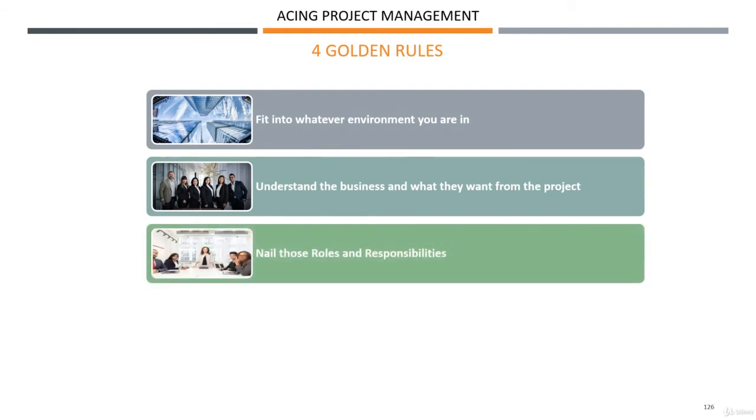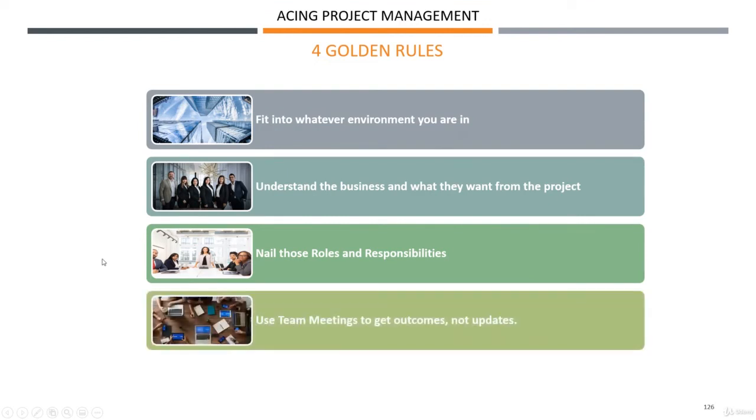Roles and responsibilities, rule number 3, extremely important. You could ignore that rule and have a very good project, but it could cause you some challenges on the project, let's put it this way. And finally, use meetings to get outcomes, not updates.